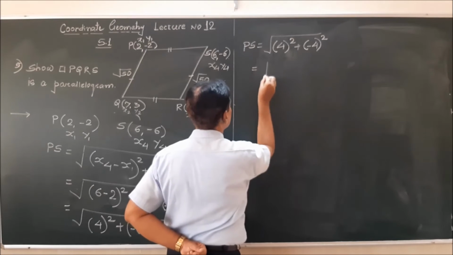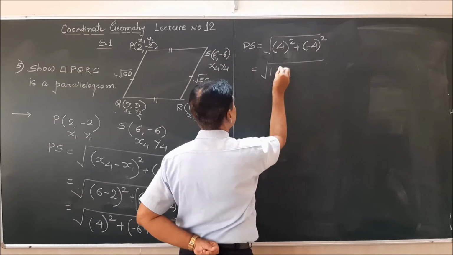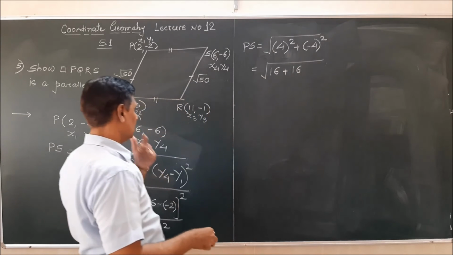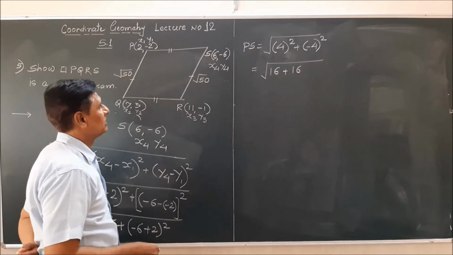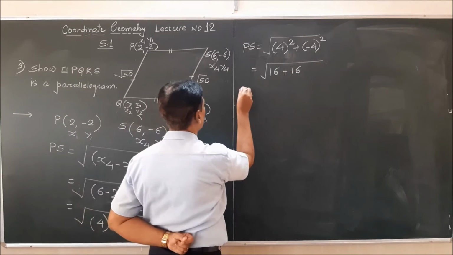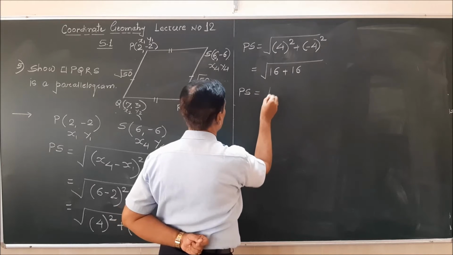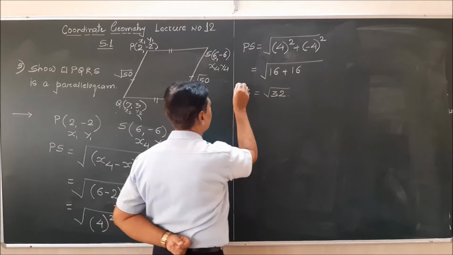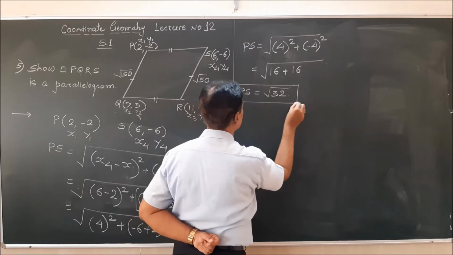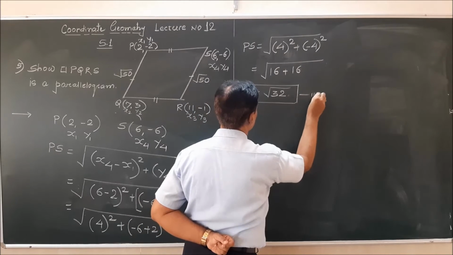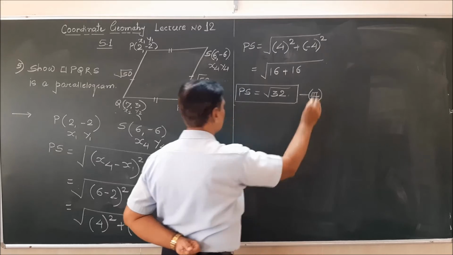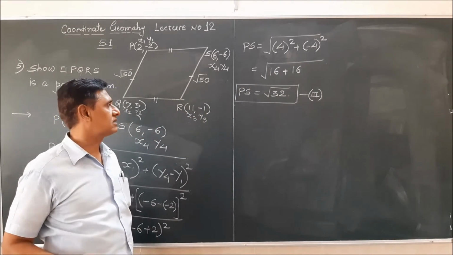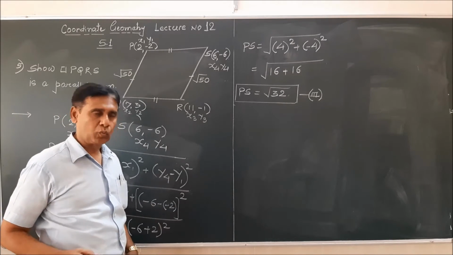That will give us 4 square is 16 plus minus 4 square is also 16. So PS is equal to root 32. Same way as we have done in the previous case, labeling as 3. So this is how I obtained the value of PS as root 32.